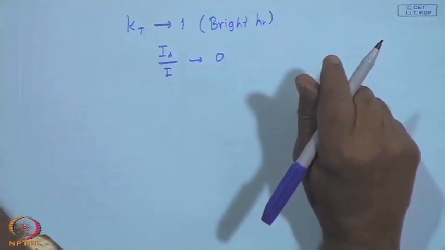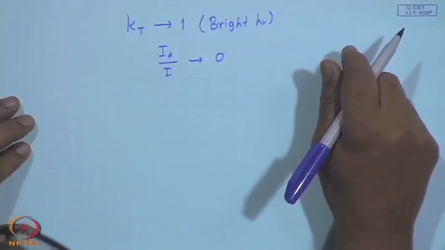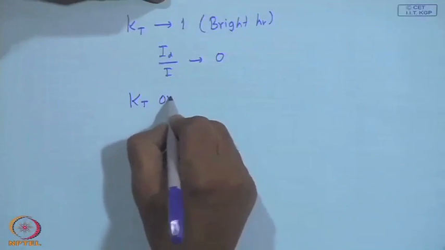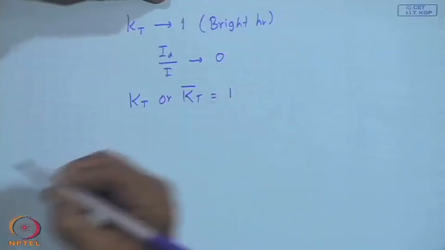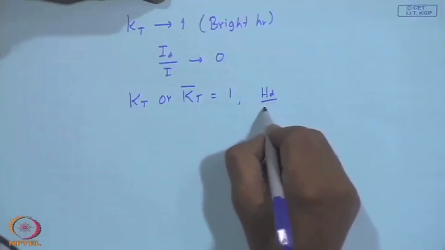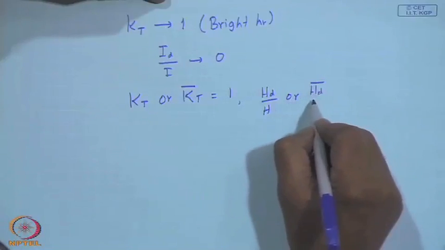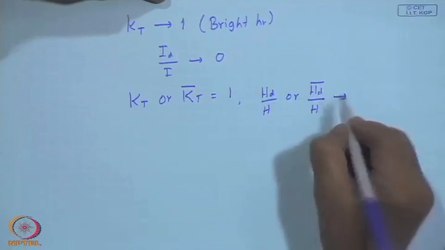That means, if the atmosphere is 100% transparent, there is no diffuse radiation, all I is your I b itself. So, by extension, if capital K T or K T bar are equal to 1, then my H d by H or H d bar by H bar tend to 0.